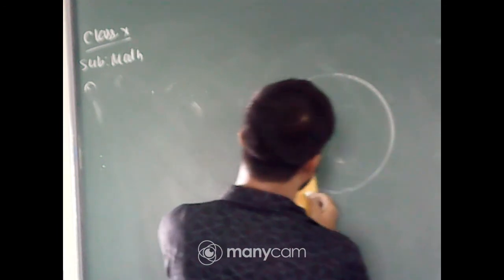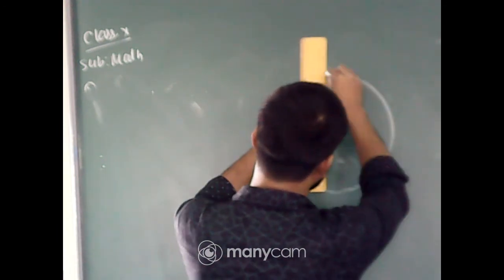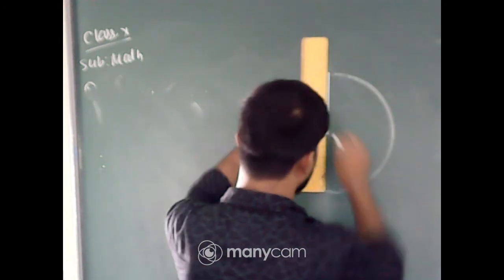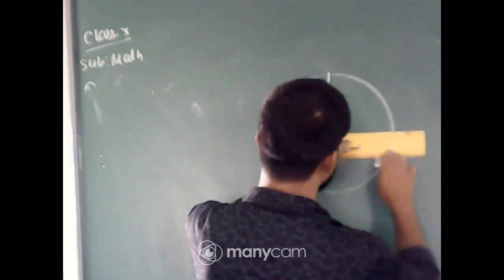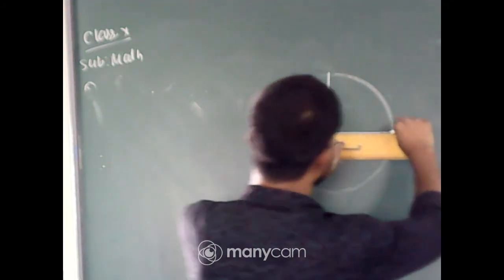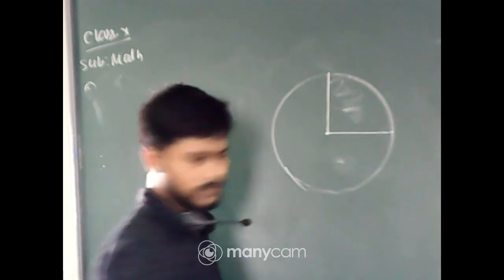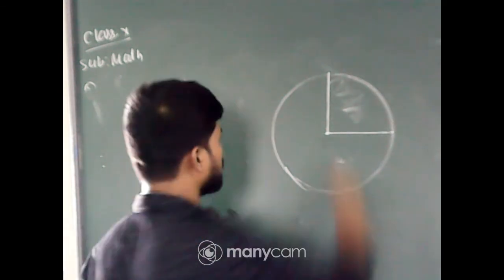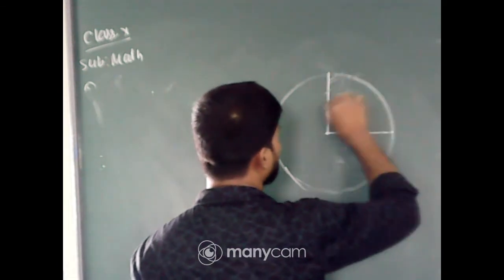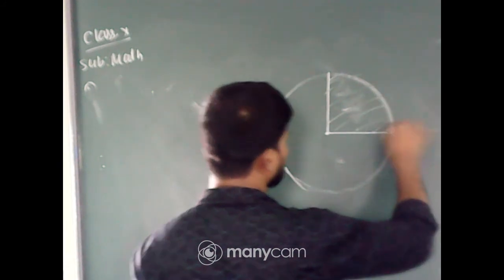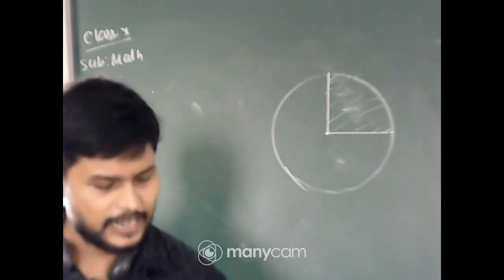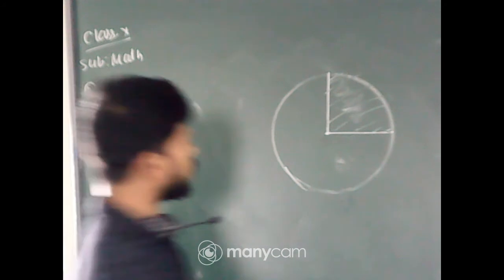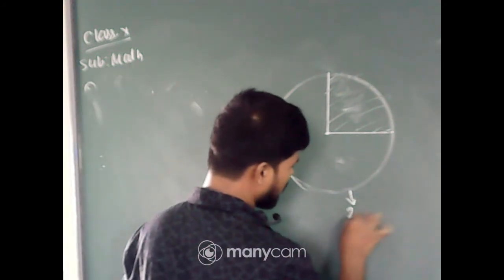We have to find the area of any one quadrant, this portion. It is given that its circumference is equal to 22. This total circumference is equal to 22.